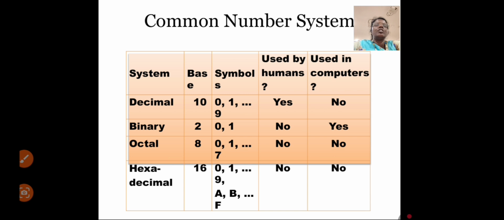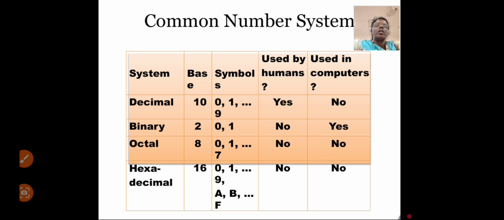It is the system which is used by humans in our day-to-day life, right? And when you consider the binary number system, it has a base of 2 because it has two symbols, 0 and 1. This binary system is very special, as it is used in the computer, right? And the octal number system has 8 symbols, which vary from 0 to 7, and the hexadecimal number system has 16 symbols.